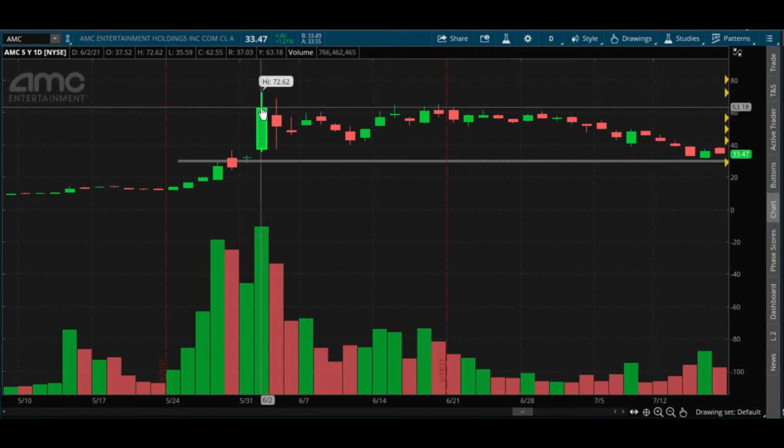So what this wick means is the amount of buyers outweighed the amount of sellers and were able to push the stock as high as $72.62. But the stock didn't close there, and that is what the top of the candle is showing. This is the closing price, and that is pretty much just where the stock price closes throughout that time frame.